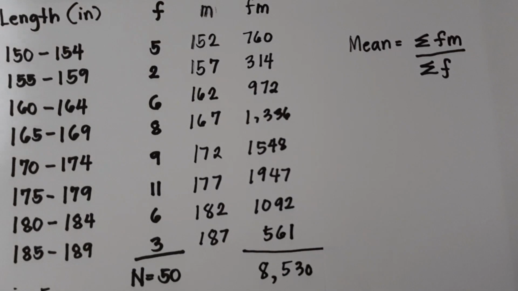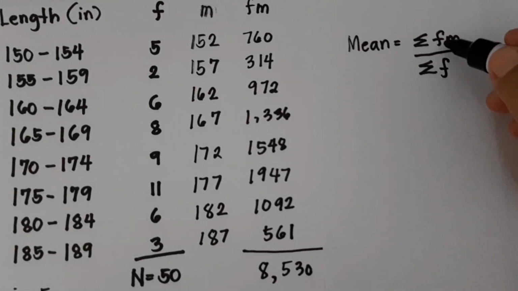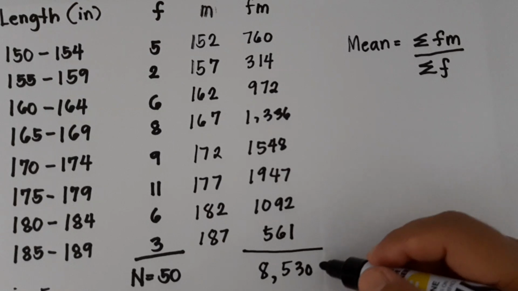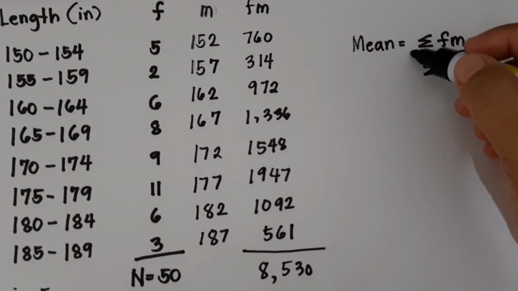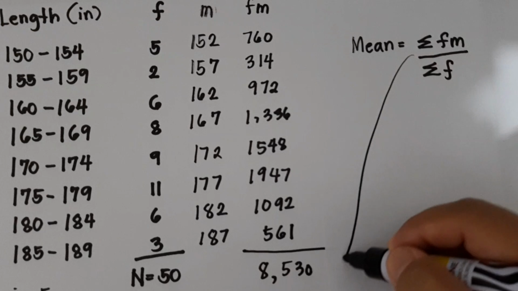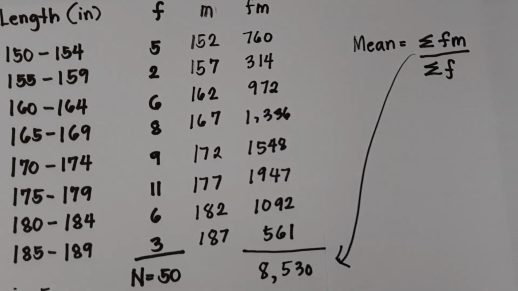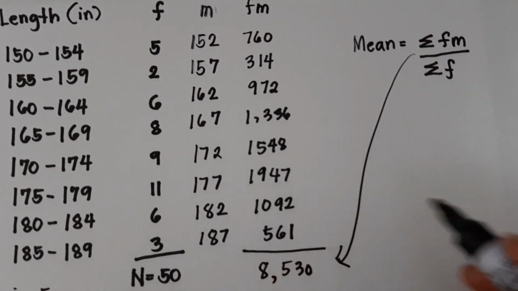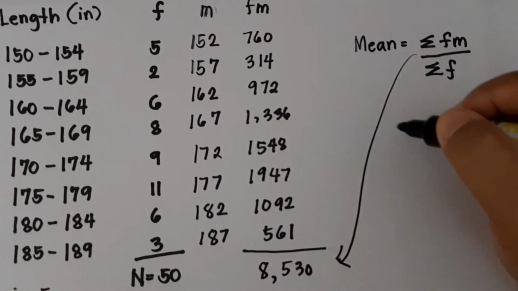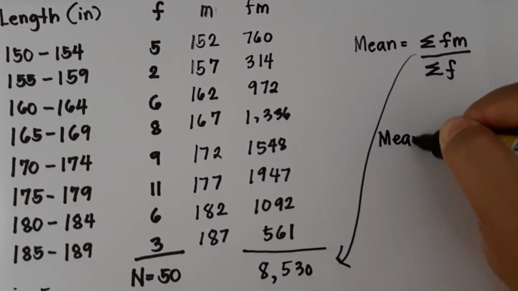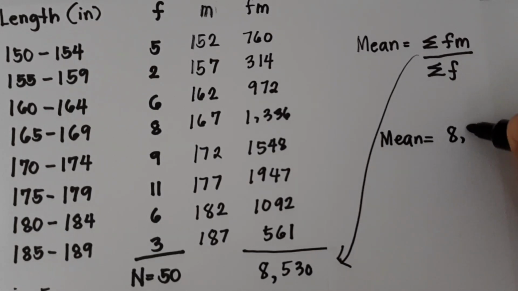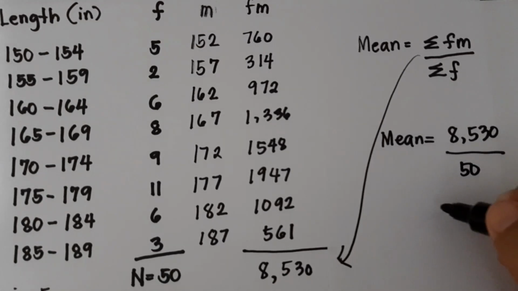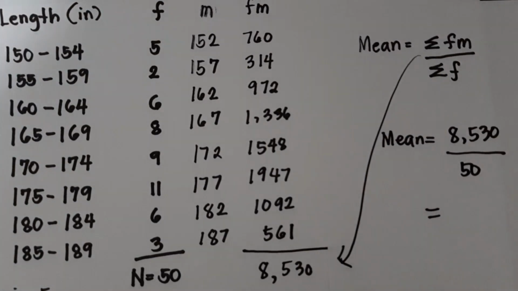So, itong ibig sabihin nito ay ito siya. So, all yung inadd nyo kanina. And then, the summation of frequency ay ito, yung total number lang ng frequency. So mean is equal to 8,530 divided by 50. So, that would be 170.6.